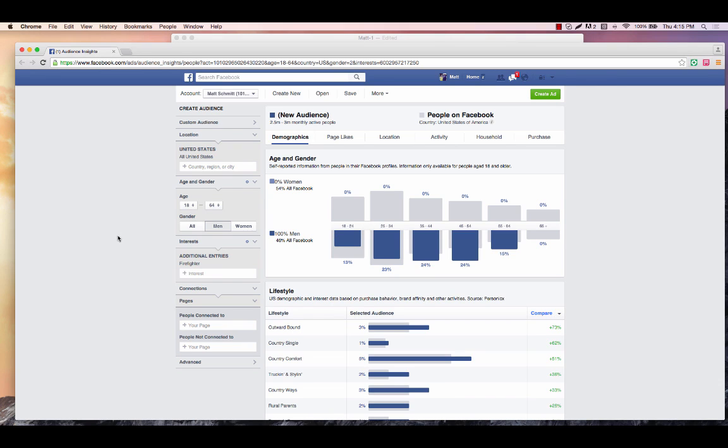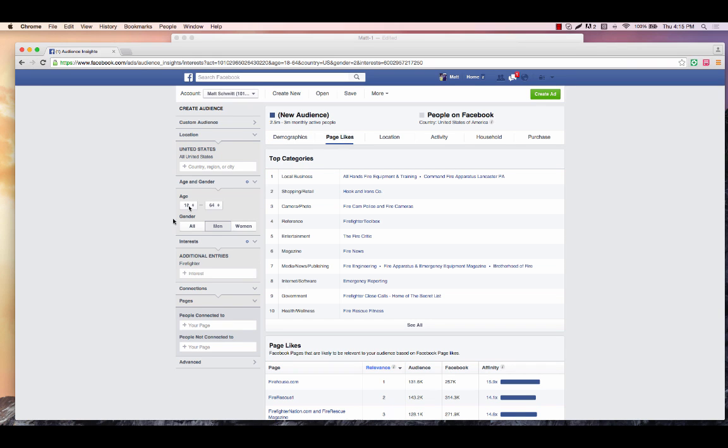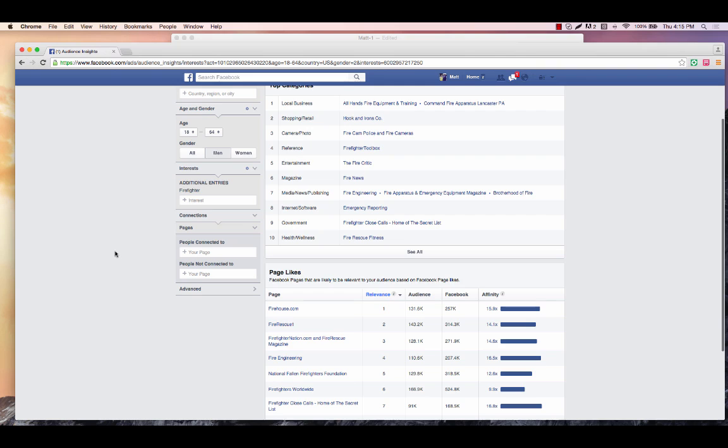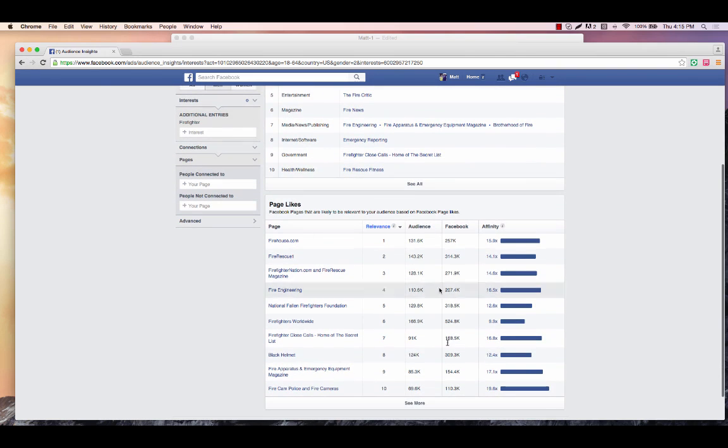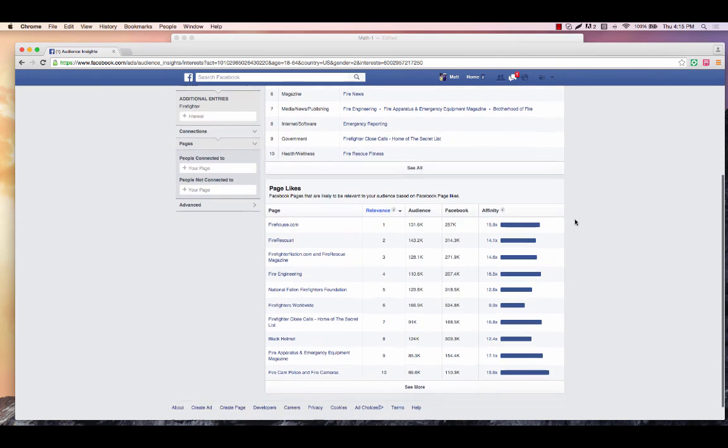So what I want to do now is, at a top level, go over to the Page Likes tab, and focus on this down here. You can see that the affinity score over here is in the teens, roughly, a little higher, maybe a few lower, but we have some decent numbers here.